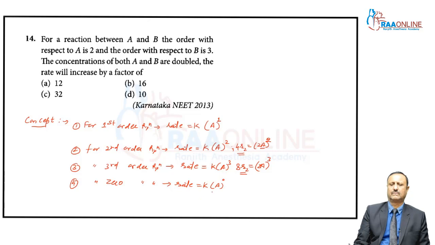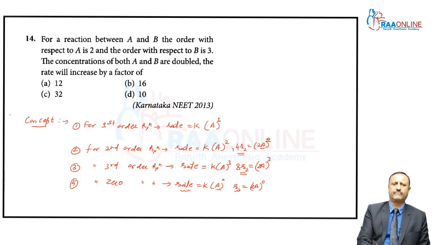A to the power 0 means rate does not depend on concentration. Double the concentration, 2A to the power 0, and any power 0 equals 1. So the rate is not affected by doubling the concentration in a zero order reaction.